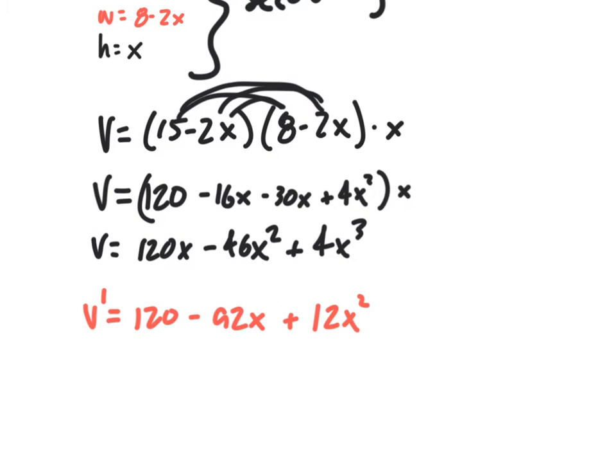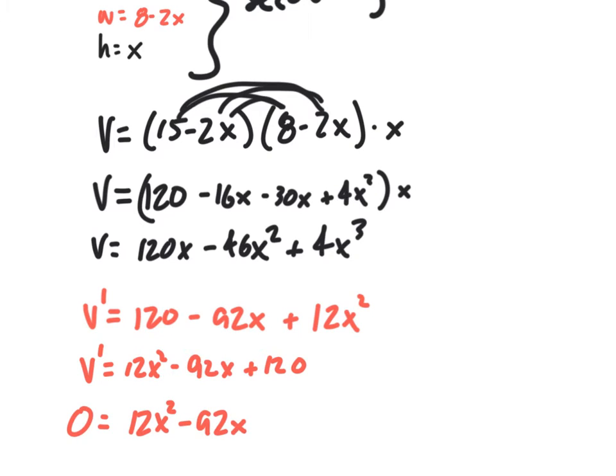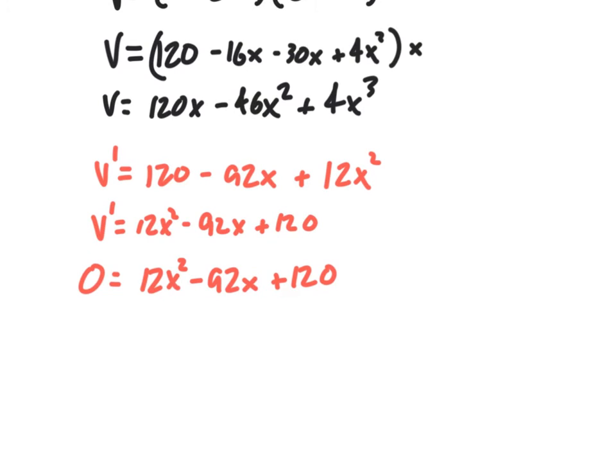But before I factor that, let's write it as V prime is equal to positive 12x squared minus 92x plus 120. Let's set it equal to 0, and we get 12x squared minus 92x plus 120. And so the one thing that I can do here is factor out a 4.